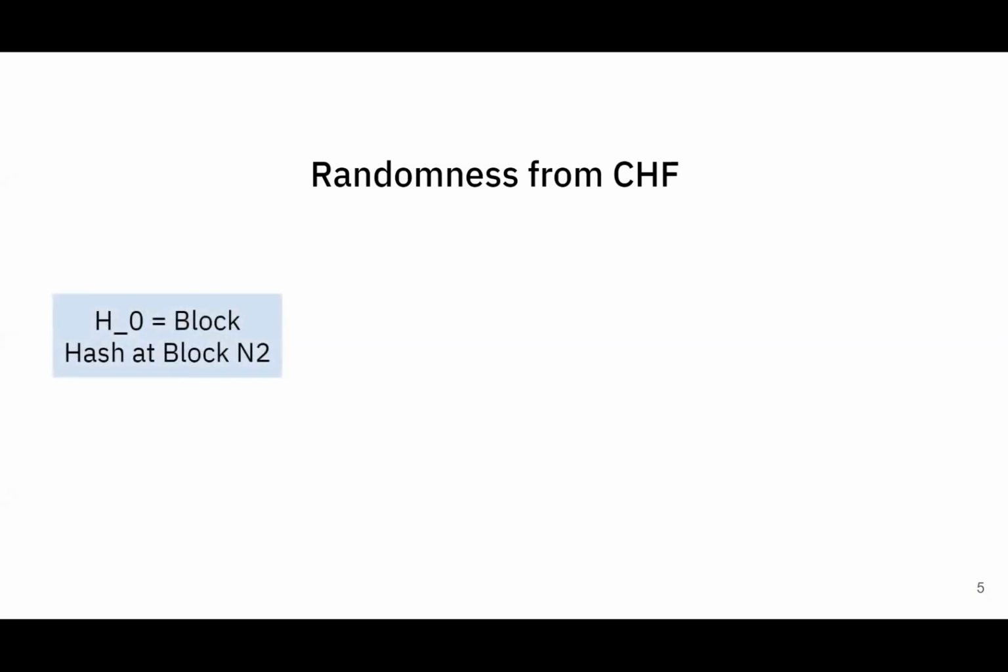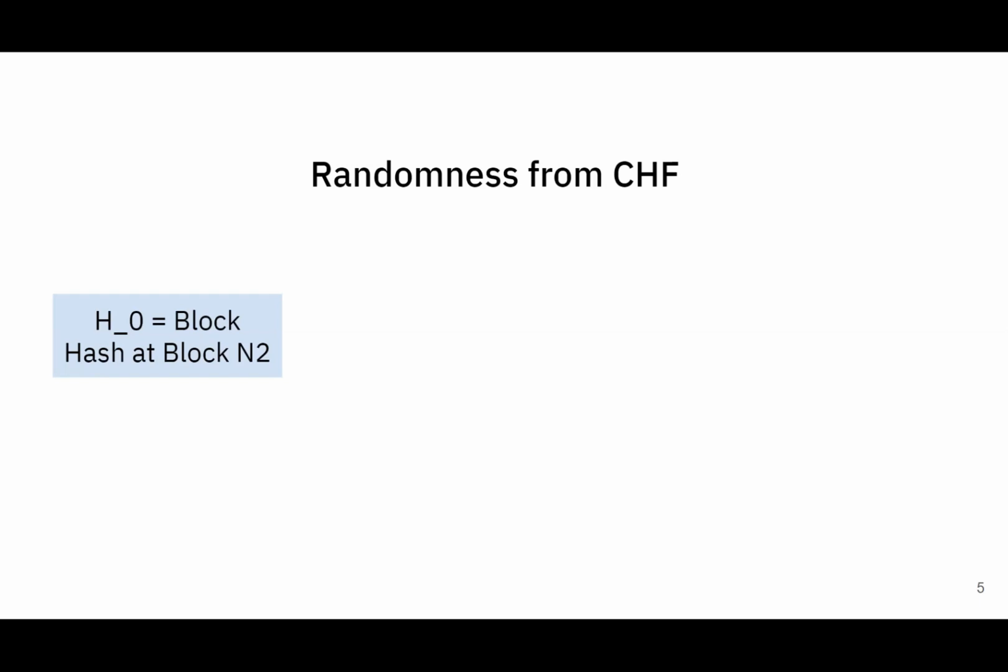So actually, we can use something called a CHF, a cryptographically secure hash function. Basically, given the input, it is very hard to predict the output; the output has no relationship with the input. That's why it's called cryptographically secure. In this case, we can just take the block hash at block number 2, which is predefined when we deploy the contract, since it is in the future when we deploy it.